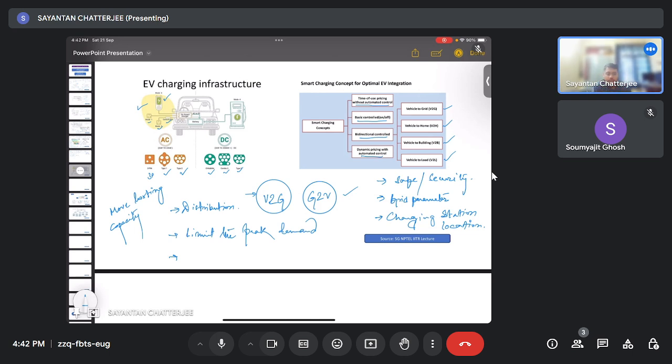So these things would be enabled into the system. Scheduling, charge scheduling. So load balancing and charge scheduling we can perform.